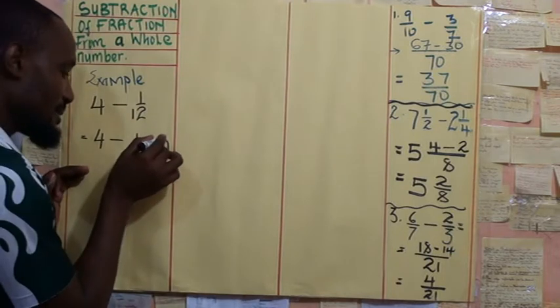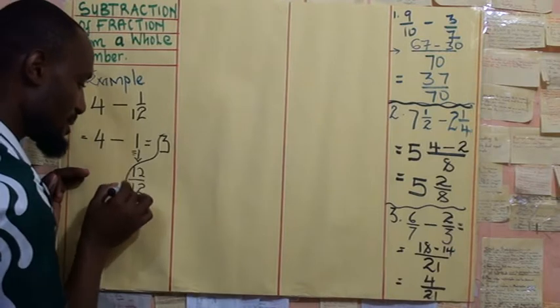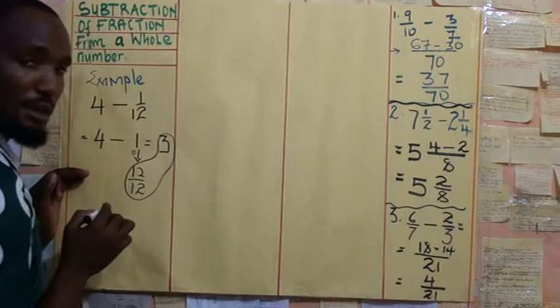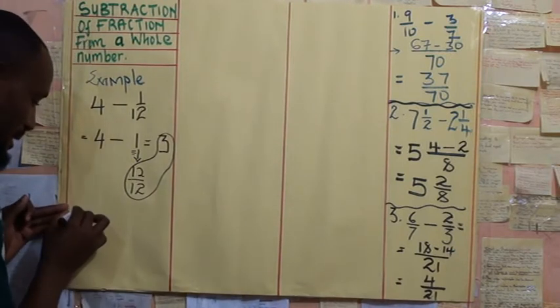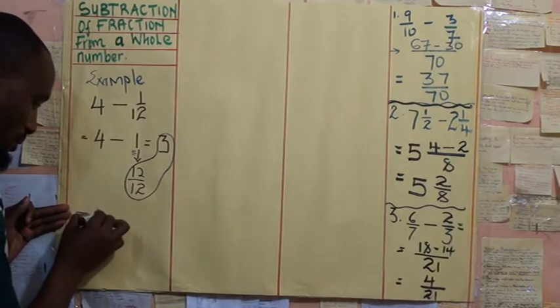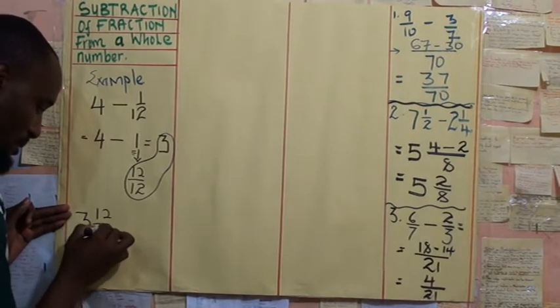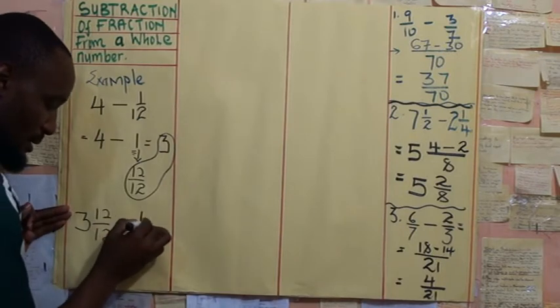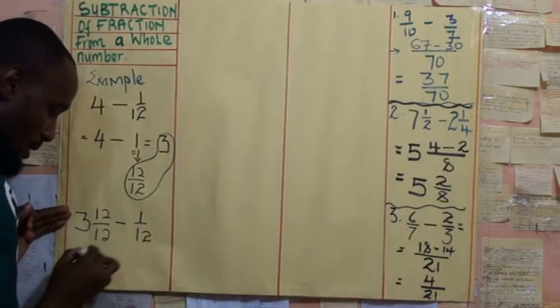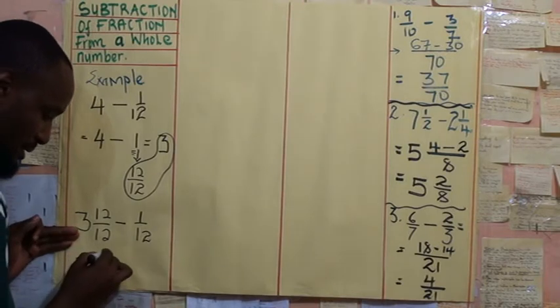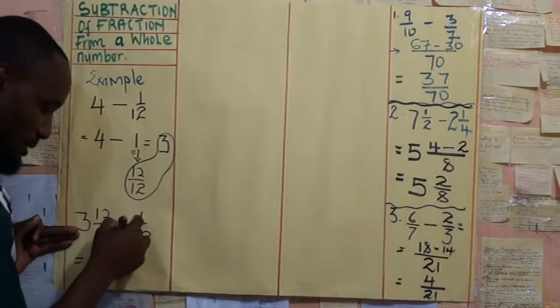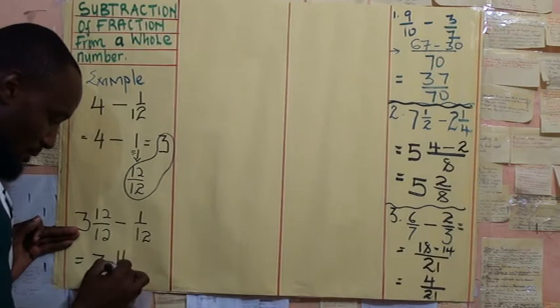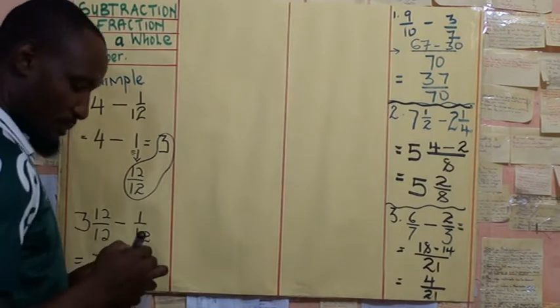Now, take these 3, combine this with 12 over 12. You're going to get 3, 12 over 12, minus now 1 over 12. What are you going to get? You're going to get 3, 12 minus 1, 11 over 12.